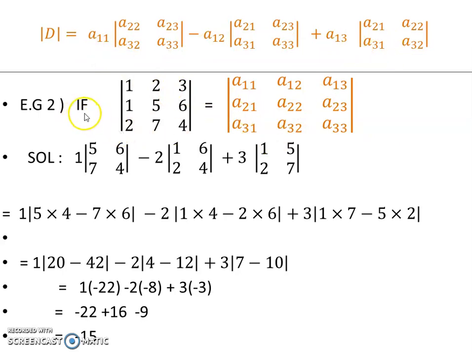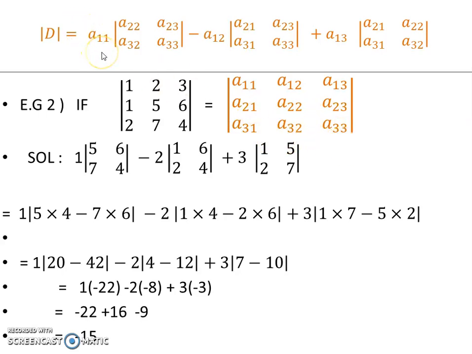So, first, I will take example number 2. If 1, 2, 3, 1, 5, 6, 2, 7, 4 are available in a 3 by 3 order determinant, I put the general terms A11, A12, A13, A21, A22, A23, A31, A32, A33.